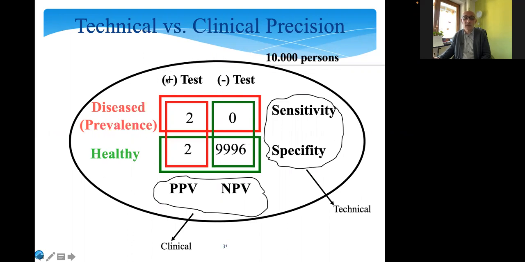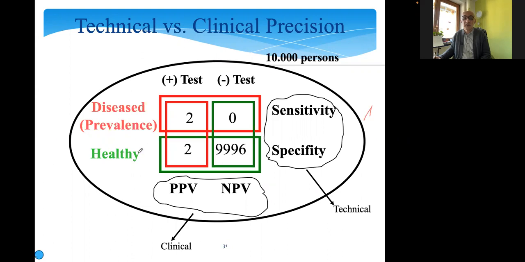You administer the test and you check the sensitivity, let's say. What was sensitivity? Among the diseased people in this red box, what is the probability of getting a positive test? 2 divided by 2, that is 1. Sensitivity in this case is 100% or 1. What is the specificity?